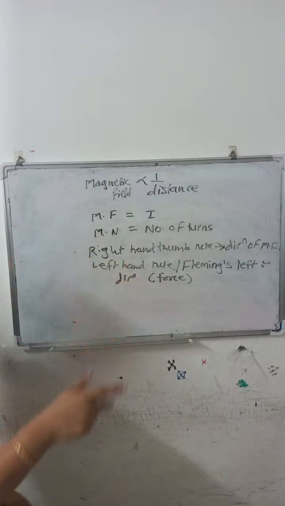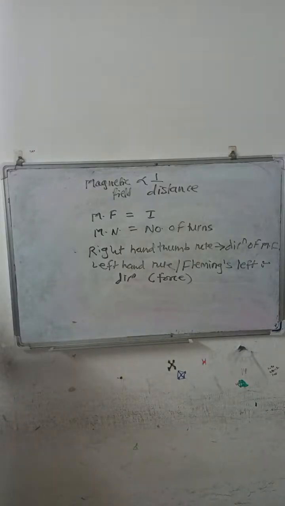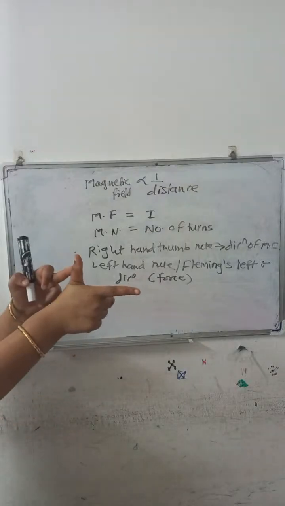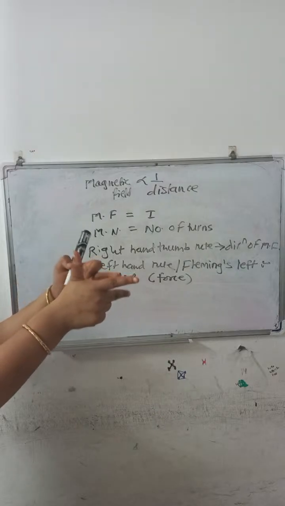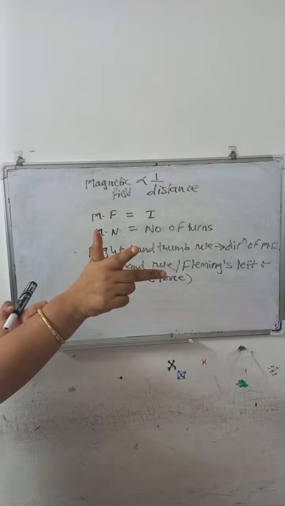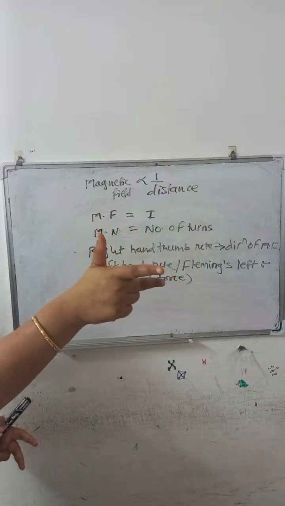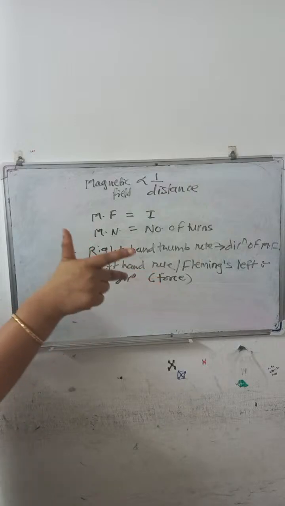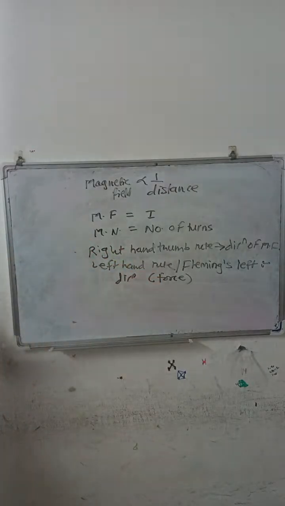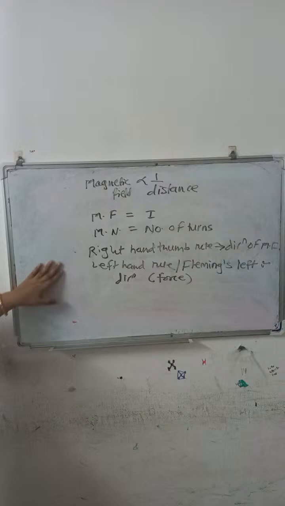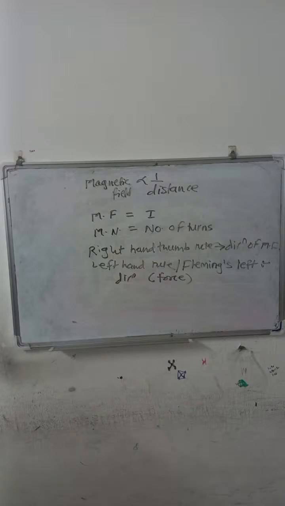Holding these three fingers mutually perpendicular, they give the magnetic field, the force and the current. This is the current, this is the force and this is the field. With these three fingers we can find the direction of force. Whenever an application comes, I will explain that. So these are the factors affecting the magnetic field. Take a screenshot of this and then we can start the question answers.